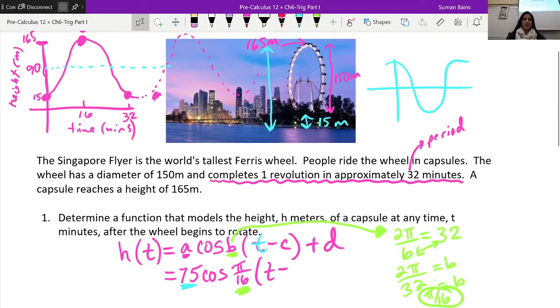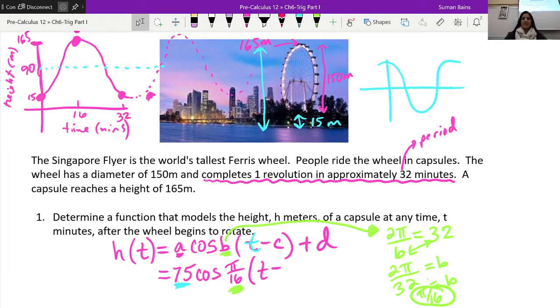Or another way to say this is, how much did I slide my graph to the right? Cosine usually starts with the maximum at the y-axis. So how much did our graph slide over? 16. Do we get that?